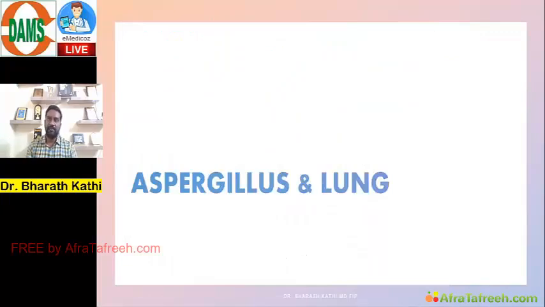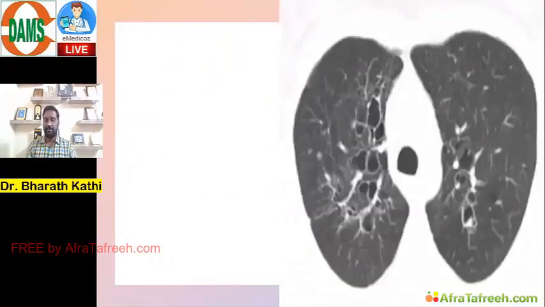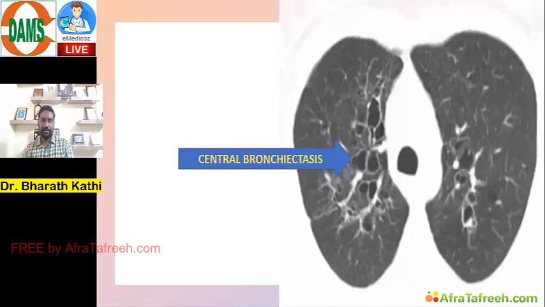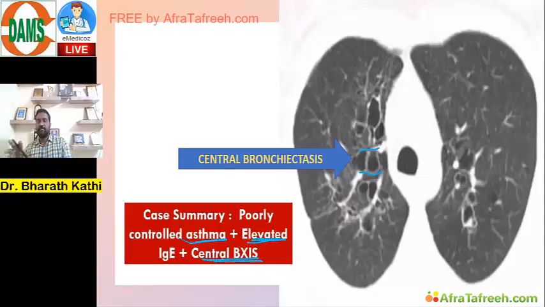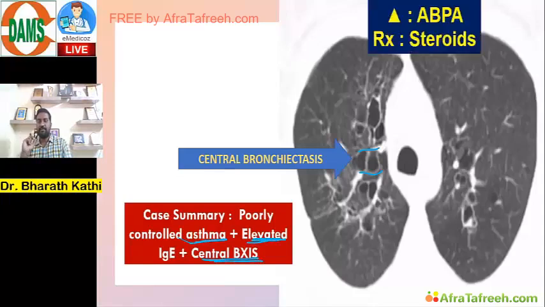Then aspergillus and lung. So there are various manifestations. I'll give you the clinical scenario with radiological findings. There can be central bronchiectasis and the case summary will be poorly controlled asthma, elevated IgE and central bronchiectasis. Now what is this aspergillus related lung disease?